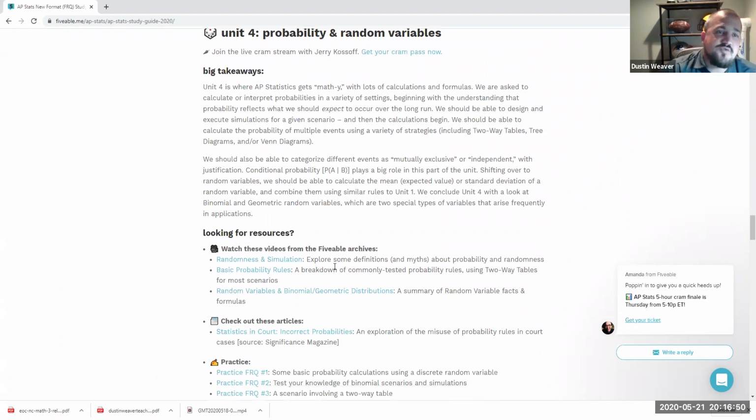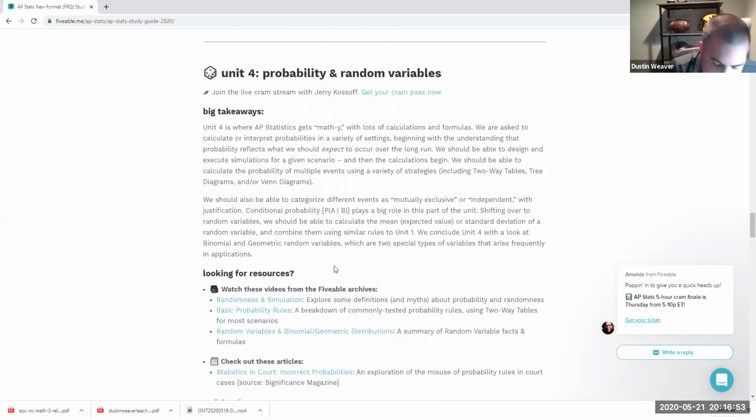Unit 4 takes us to one of the tougher units in AP Statistics, and that is probability distributions, okay? So in probability distributions, we're going to talk about probability and random variables, and that is in Unit 4 where it gets a little bit tricky, okay?